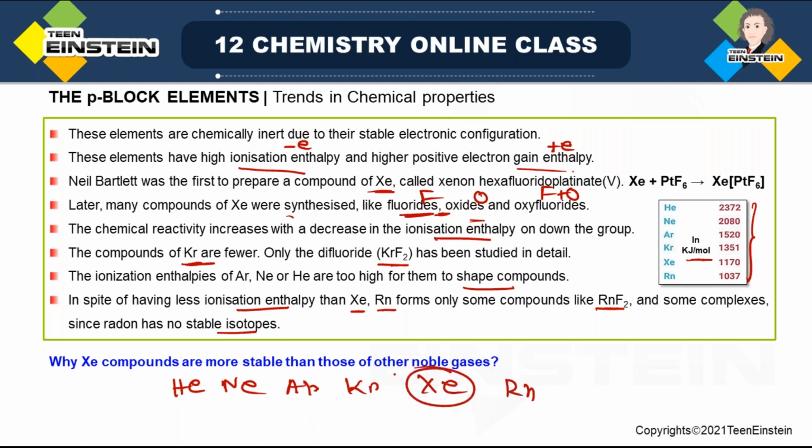Xenon is the element where maximum stable compounds are formed, because here the ionization energy is minimum among all these. Rn has lesser ionization enthalpy than xenon, but still Rn compounds are rarer compared to xenon because it is radioactive. So this is the answer to this question. Okay, any doubt?